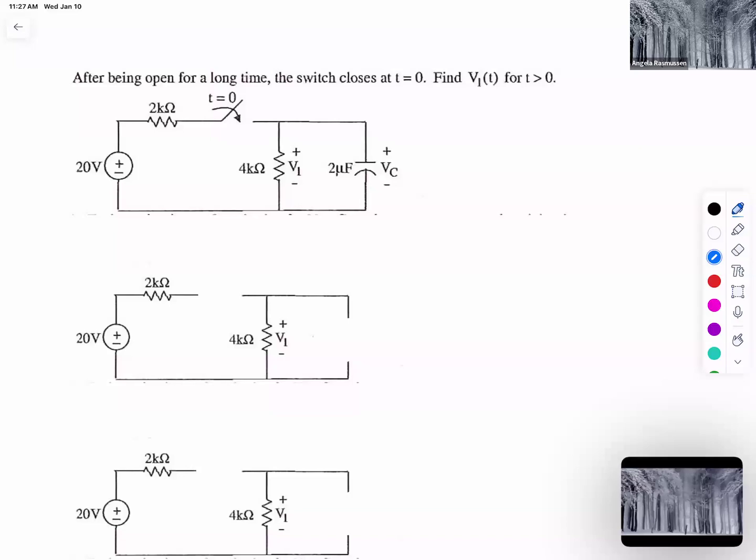For V one, you're gonna need to find that, and then you go to the next. We know that, that'd be one.